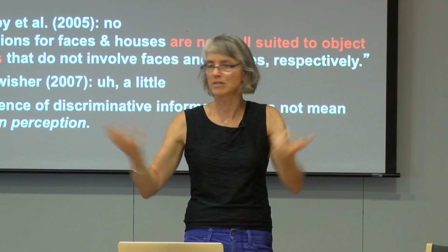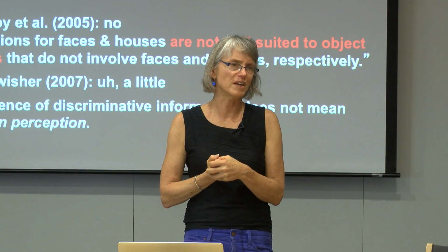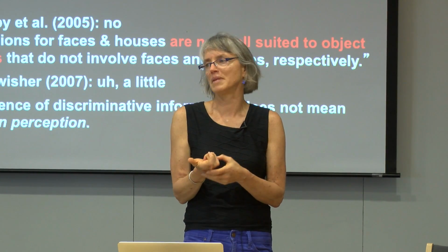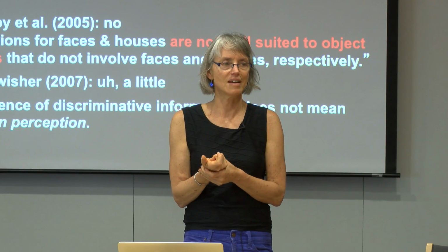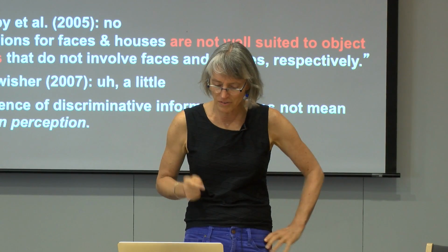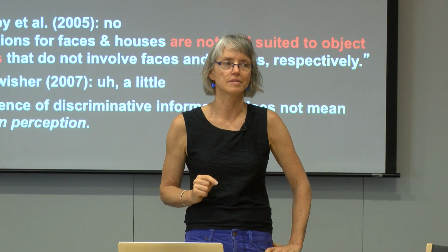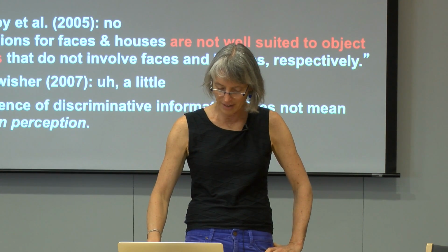It will deliver different representations for those two things. Maybe you don't actually use that information when you're discriminating cars or chairs. Everybody get the idea? So what we want to know is, do you actually use that information in perception? Is it causally involved?